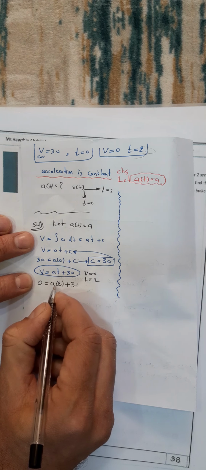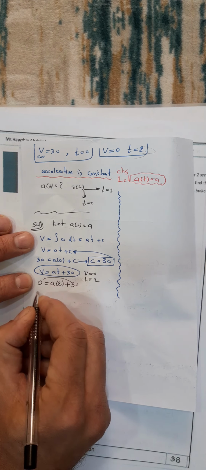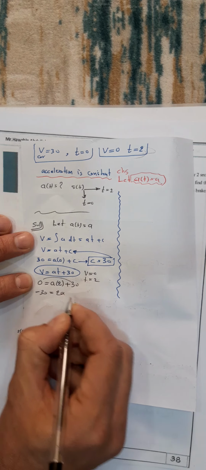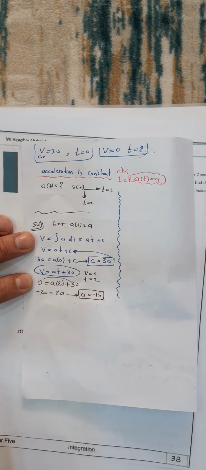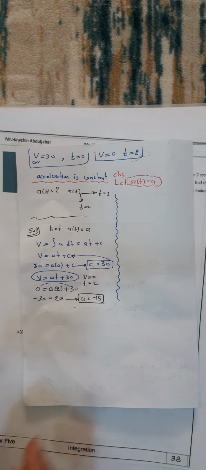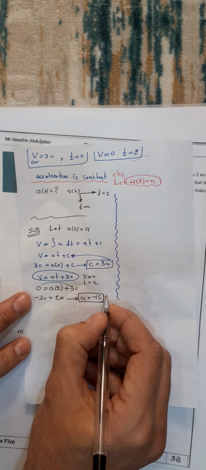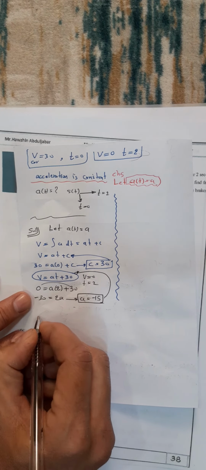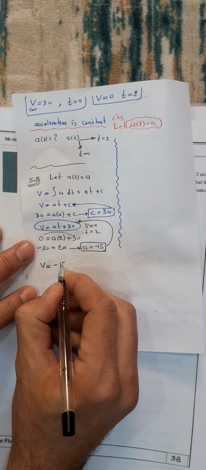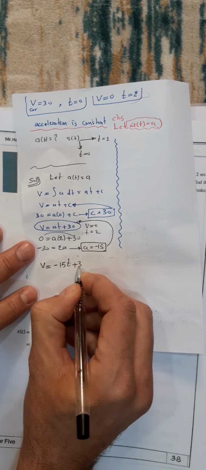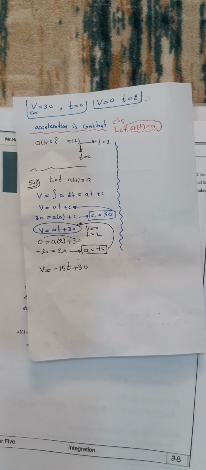So 2a is equal to negative 30, so a is equal to negative 15. Also, the velocity is v equal to negative 15t plus 30.